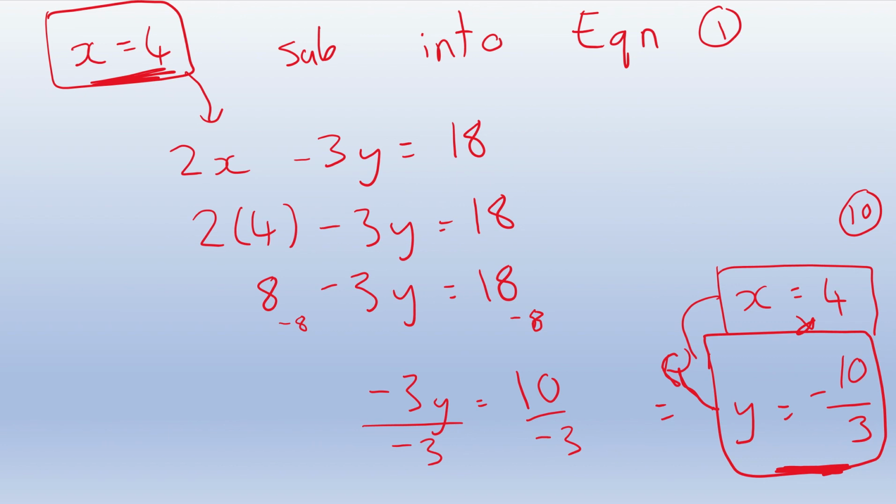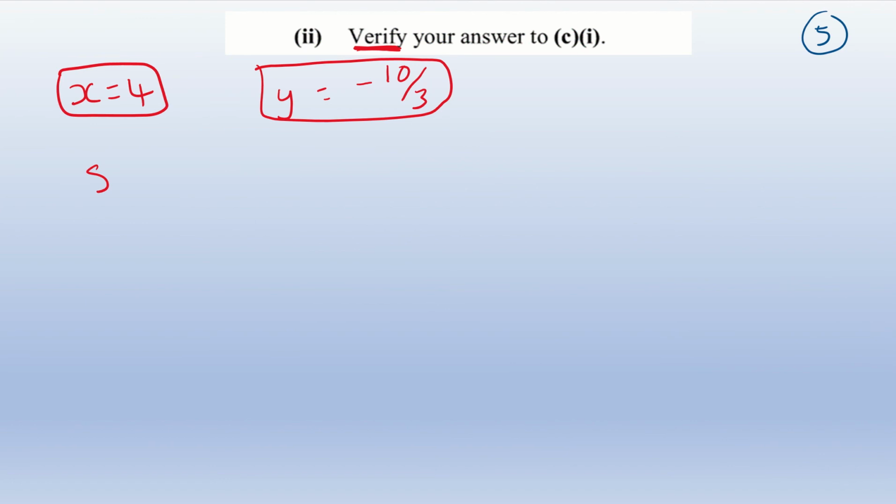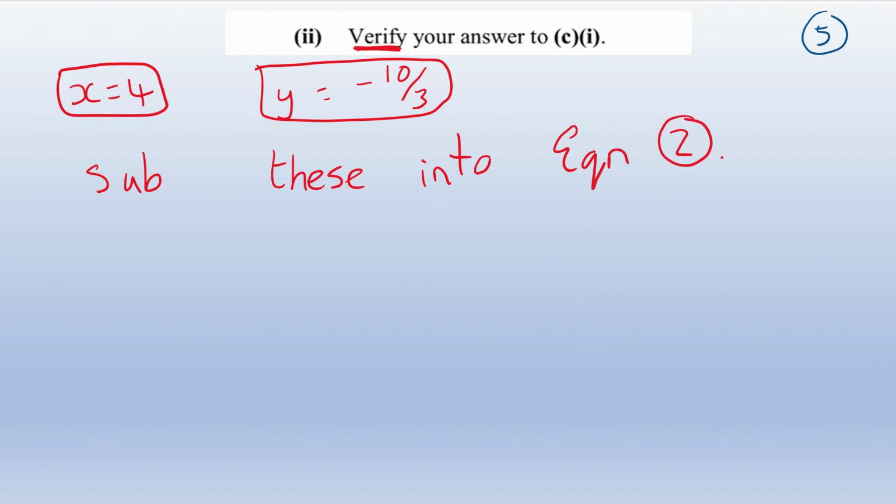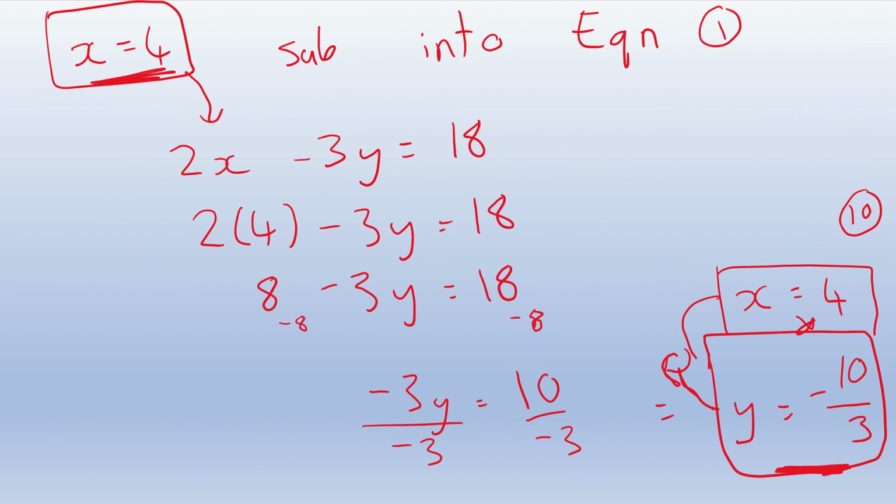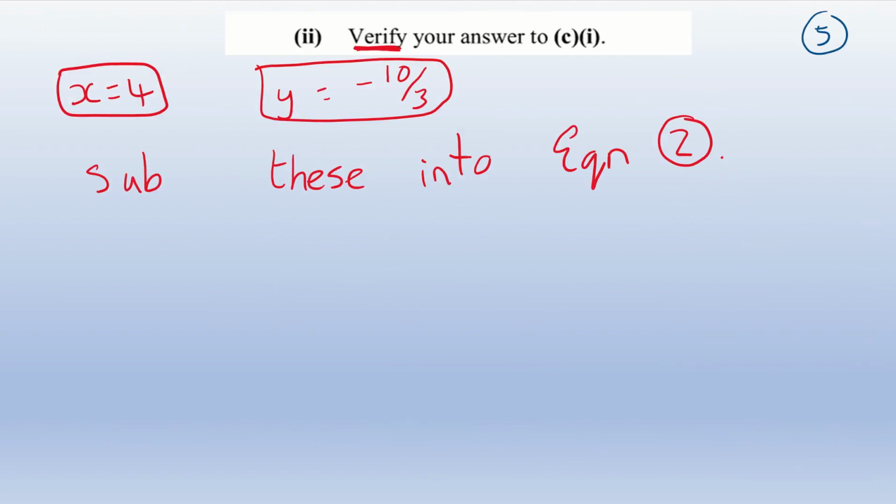In this part of our question, we substituted into equation number 1, so in order to verify our answer, we're going to have to substitute these into equation number 2. Again, that's because we know that these two answers work for equation number 1. We have to make sure that they work for equation number 2 now.